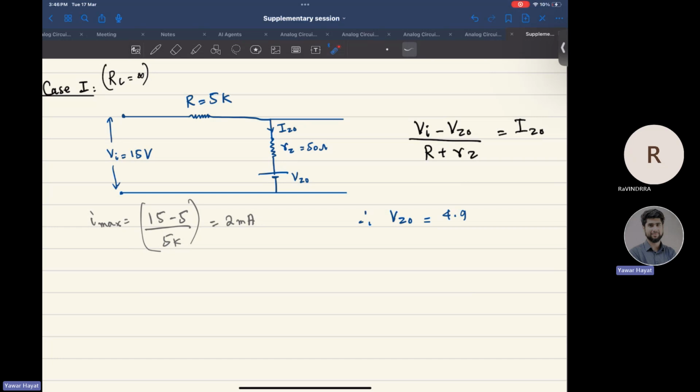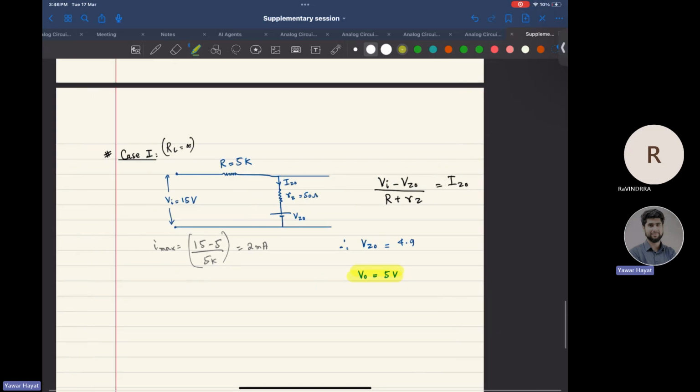You can check that at your end. You simply need to multiply this with this. Therefore, if the difference up to here is 4.9 and this is 0.1, then this whole would be 5. So my V naught for this case would be 5 volt.